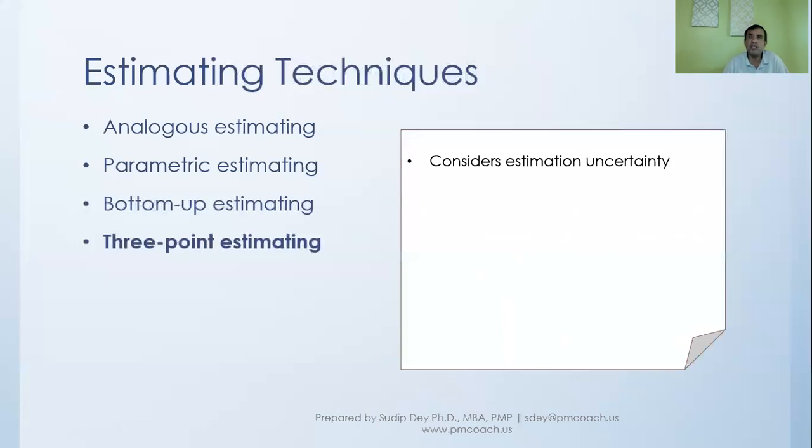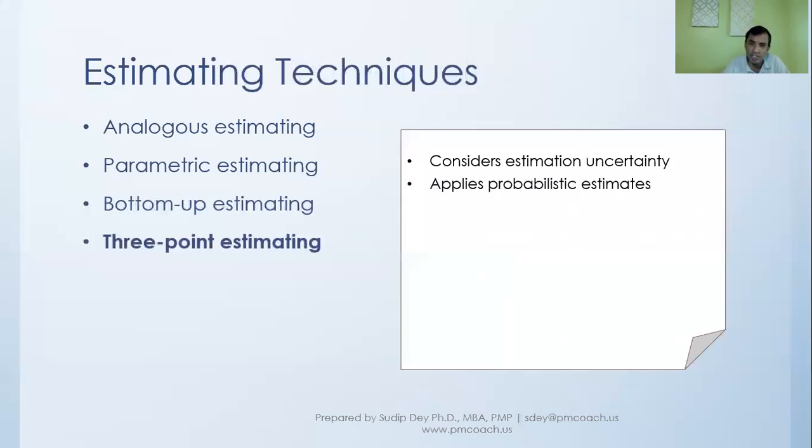What happens if the computers give some problem? What happens if they're depending on something and that doesn't work well? So there is an element of uncertainty, and this 3-point estimating takes into consideration this particular uncertainty.